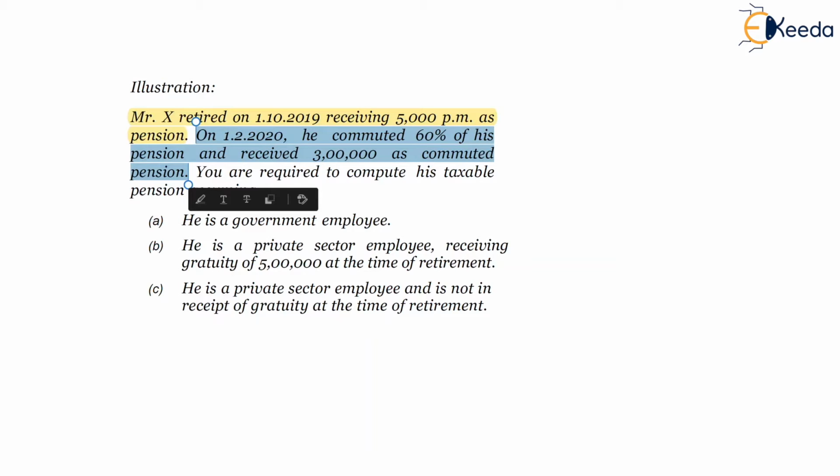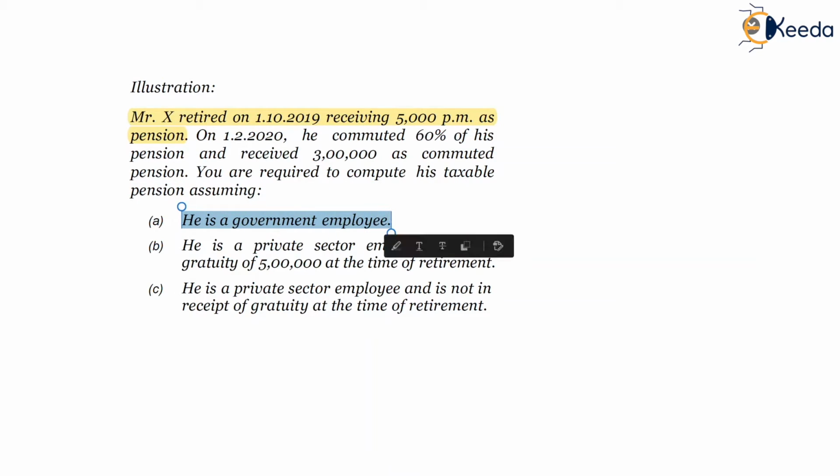On 1st of Feb 2020, he wanted a lump sum payment of a certain portion of the pension amount, which is 60% of the pension, right? Now we will have to derive the total pension amount in order to claim exemption under clause 10A, right? You are required to compute his taxable pension, assuming he is a government employee.